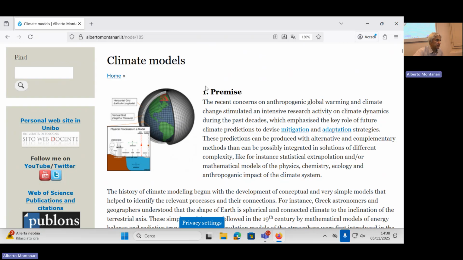First, a consideration. The higher the resolution, of course, the higher the level of detail.